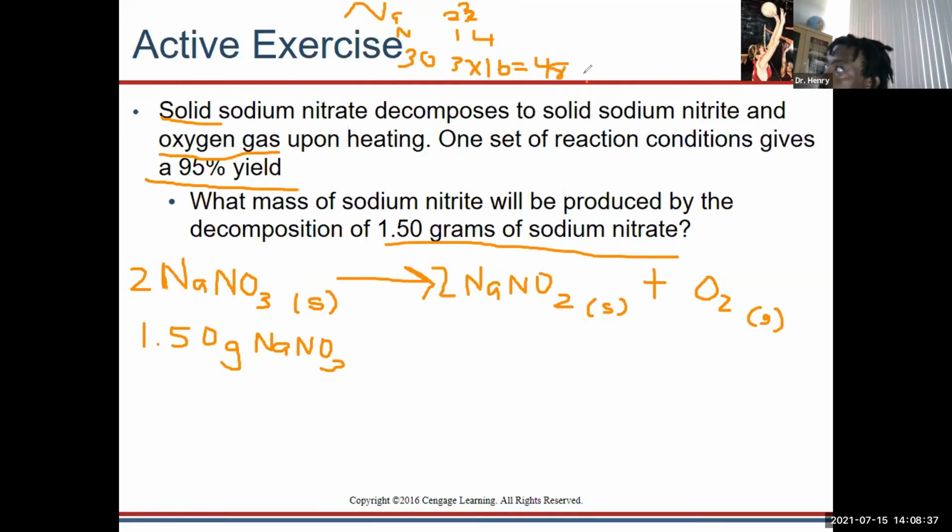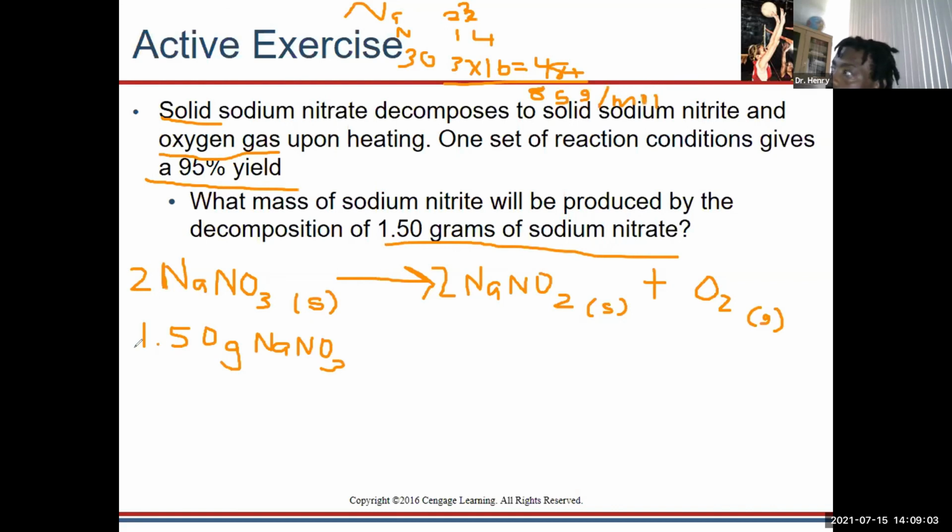Okay, we add them all together. So that's 60, 71, 85. So we have 85 grams per mole.